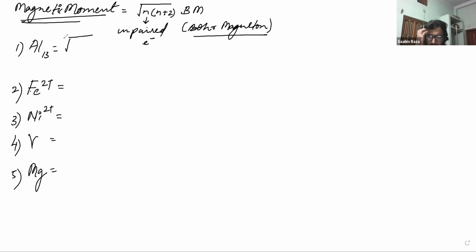Why 15? How 15? Oh, sorry, sir. So square root 3. Yes. This will be like this: 1 into 1 plus 2, right? So this will be square root 3 BM.